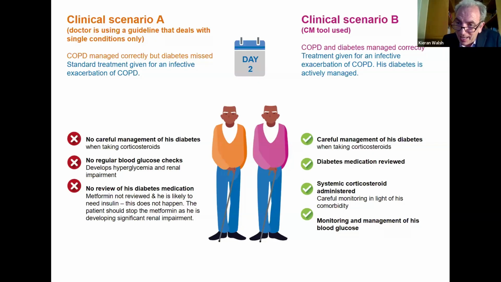So to deliver high quality care for the very many patients with comorbidities, we need to use resources that are designed to help with this particular problem, i.e., delivery of holistic care and the simultaneous management of multiple conditions.